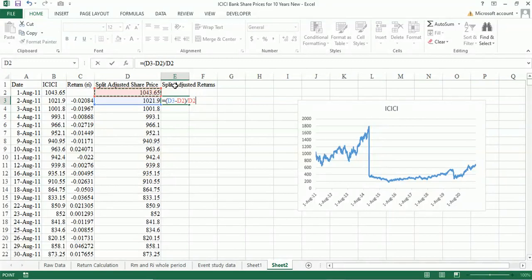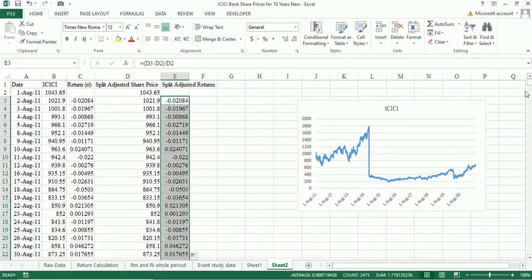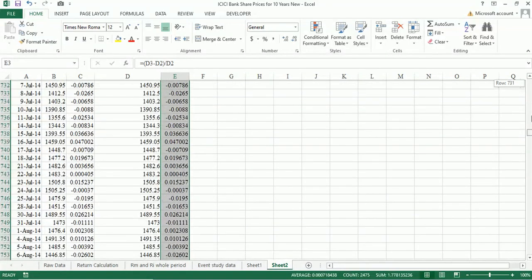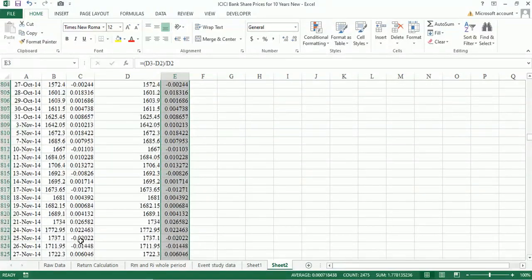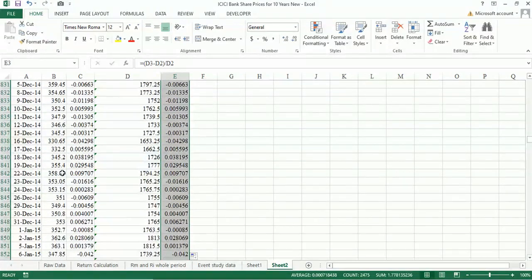I am using this simple return calculation. You can also use the log return formula as well. So this is the return, and you can go to that day, December 4th of 2014.